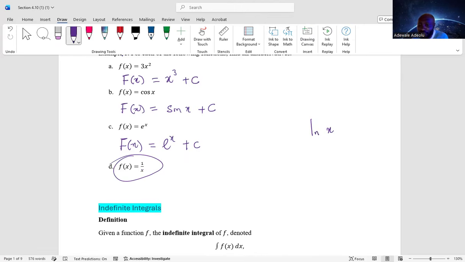We have learned this in the past. If we take the derivative of this function, then it is 1 over x.